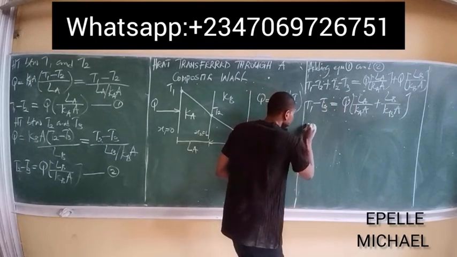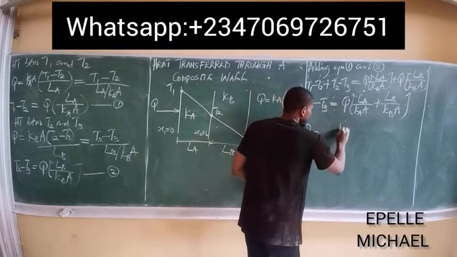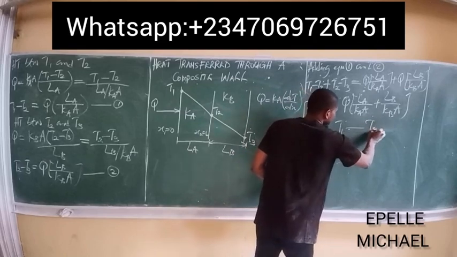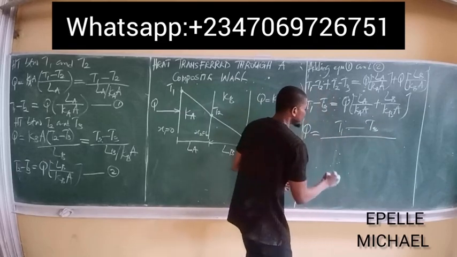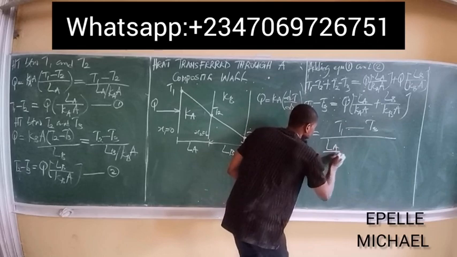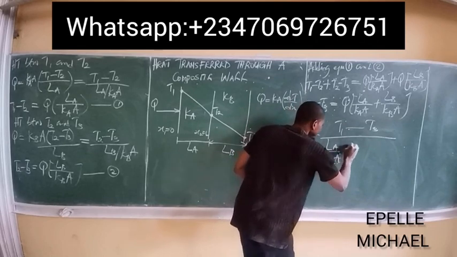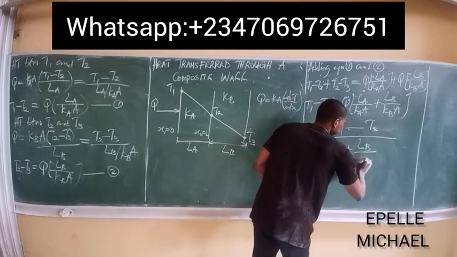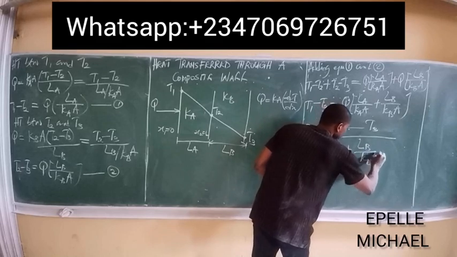If we make heat Q subject, it simply becomes T1 minus T3 all over LA over KA times A plus LB all over KB times A.